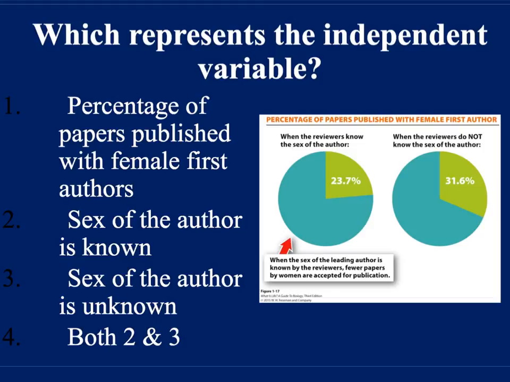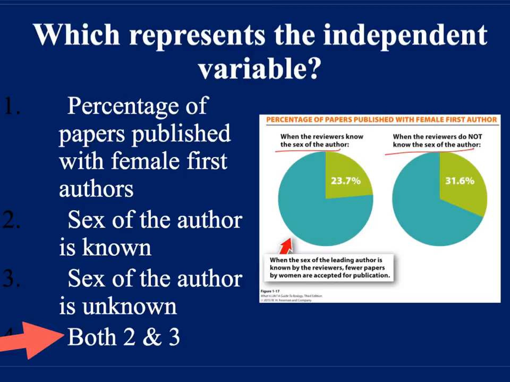So pause your video now and take a moment to read through and answer this question. Okay, so hopefully you chose number 4, both 2 and 3 as the correct answer. If you look over at our chart here, you see that we're looking at the sex of the author, either male or female, whether or not reviewers know it or don't know it.